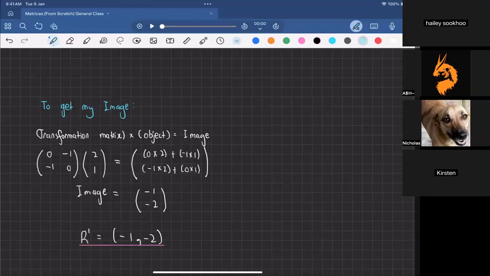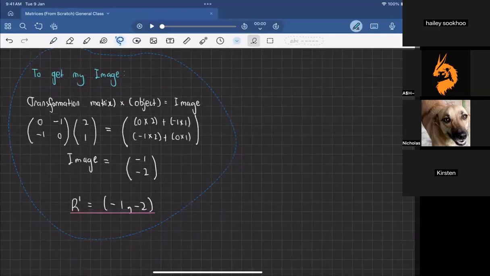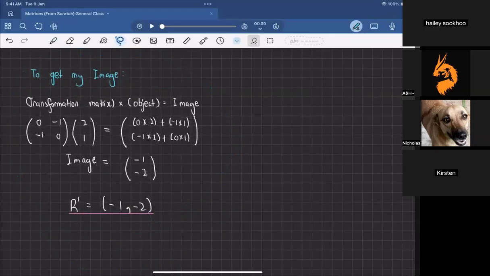Because the combined transformation is literally a rotation and a reflection in one. It's combined. You good? Yeah, I understand it now. All right.